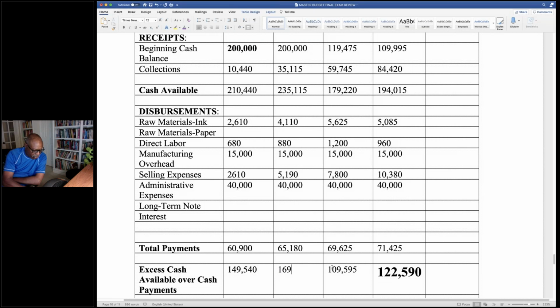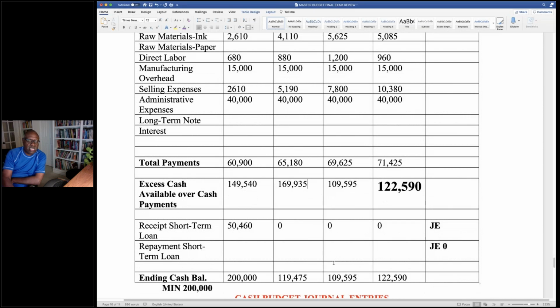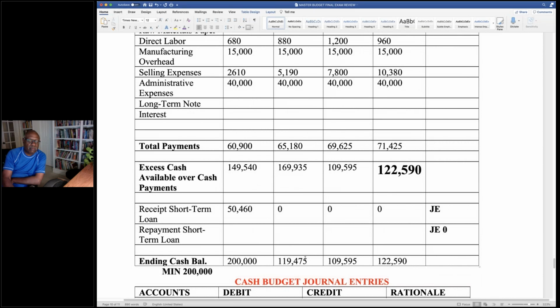That's from the 200,000. Correct. So how much will we need to borrow? This number has got to be 200,000 at least. So how much do we need to borrow? $30,065.